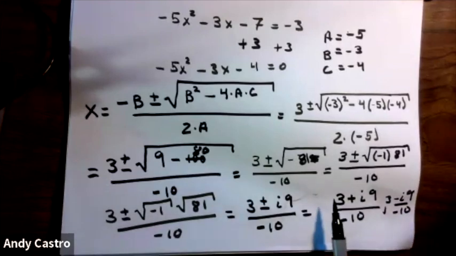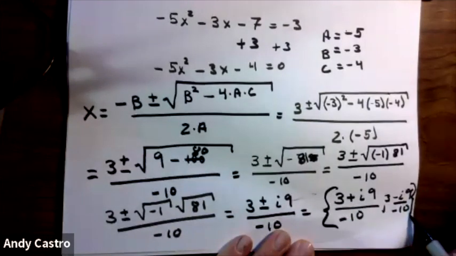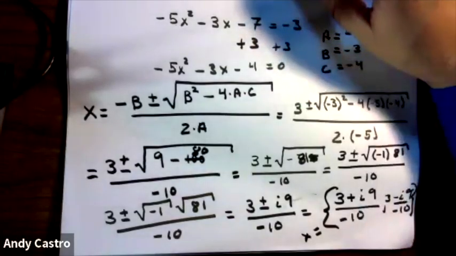Now, I can't combine my real and my imaginary part. So if this has an I, it can't combine with something without an I. That's why we keep it separate like that. But this will be effectively my x's. All right, that is all for today.